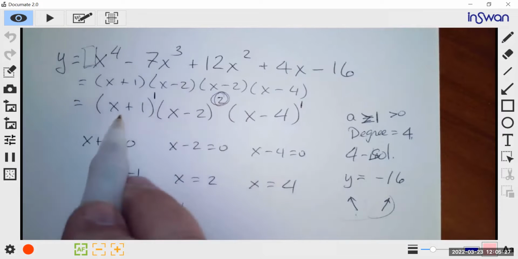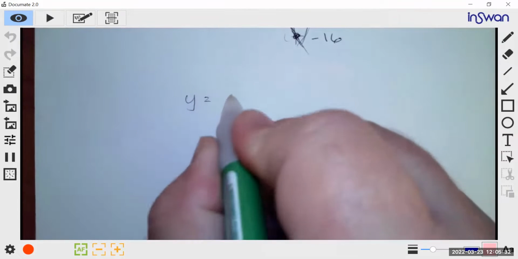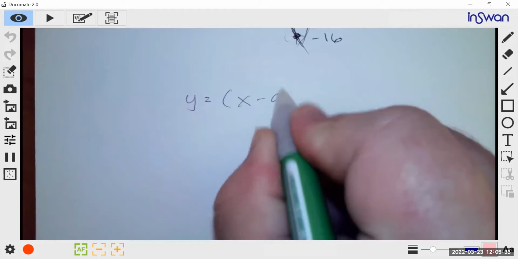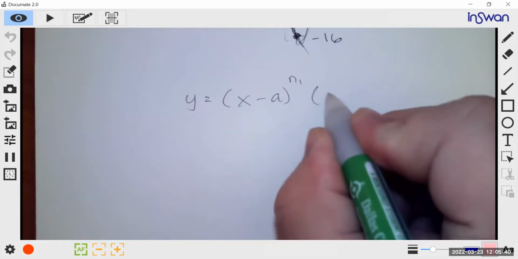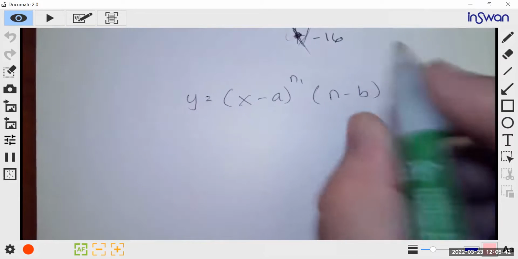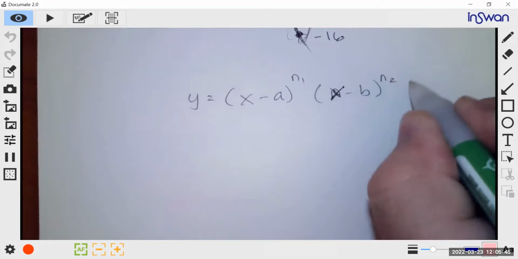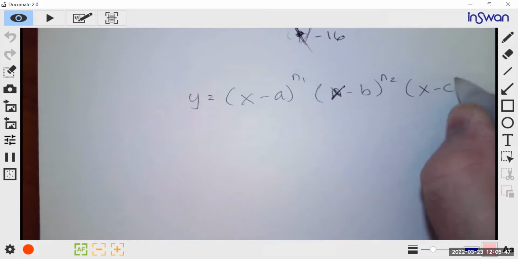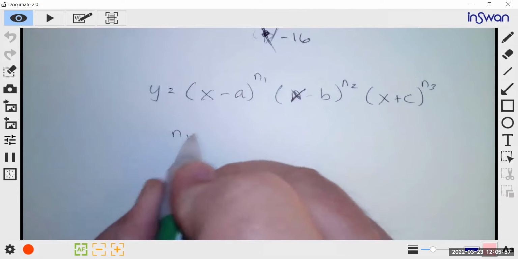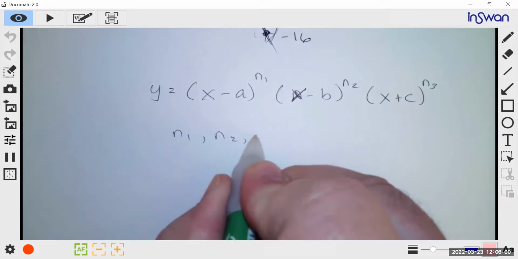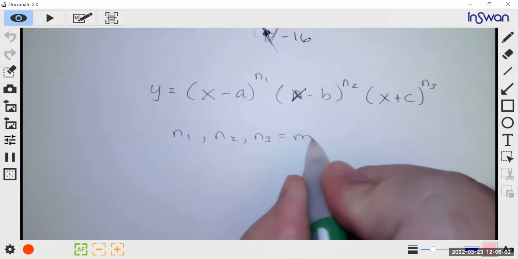Those numbers, the exponents of the answers: if you get an answer like x minus a to the n1, x minus b to the n2, x minus c to the n3, where a, b, and c are your x-intercepts, n1, n2, n3 are called the multiplicities.